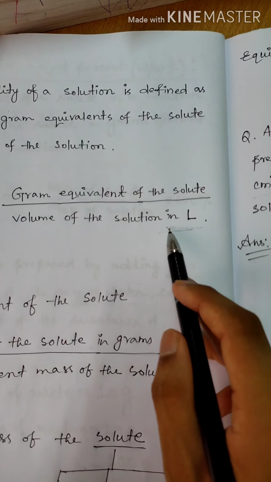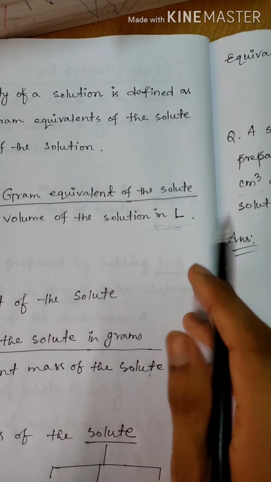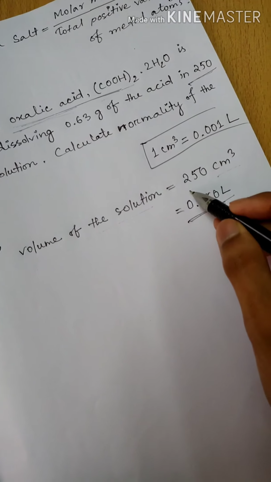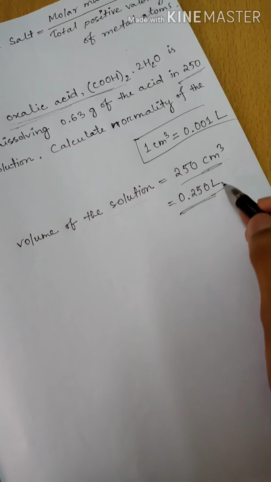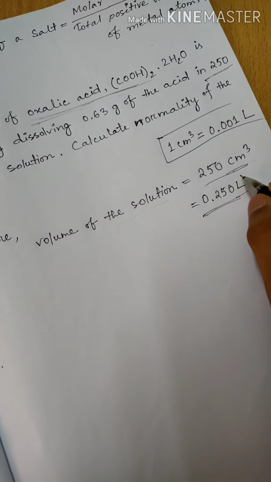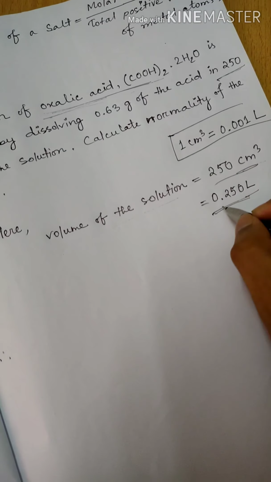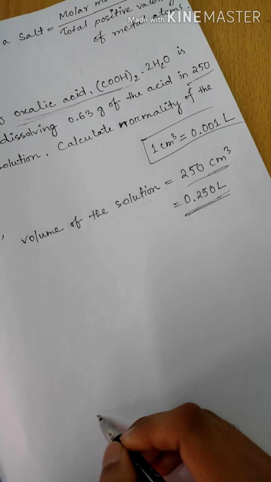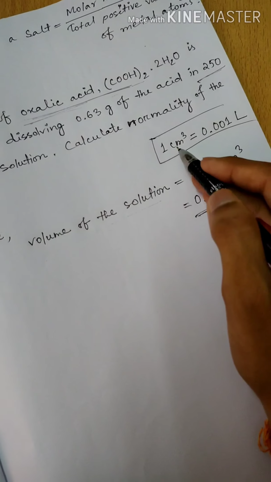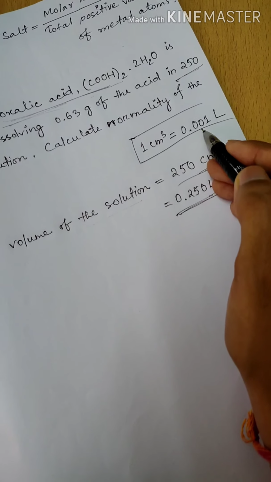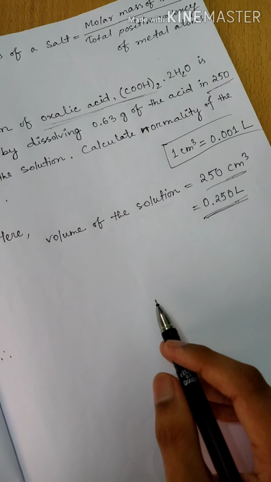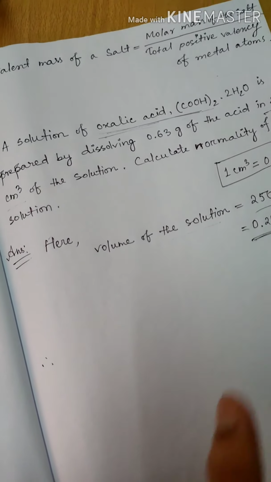So the volume of the solution should be in liter, so we must convert this. If we convert from centimeter cube to liter, our result will be 0.250 liter, because 1 centimeter cube is equal to 0.001 liter. So this is the volume of the solution.